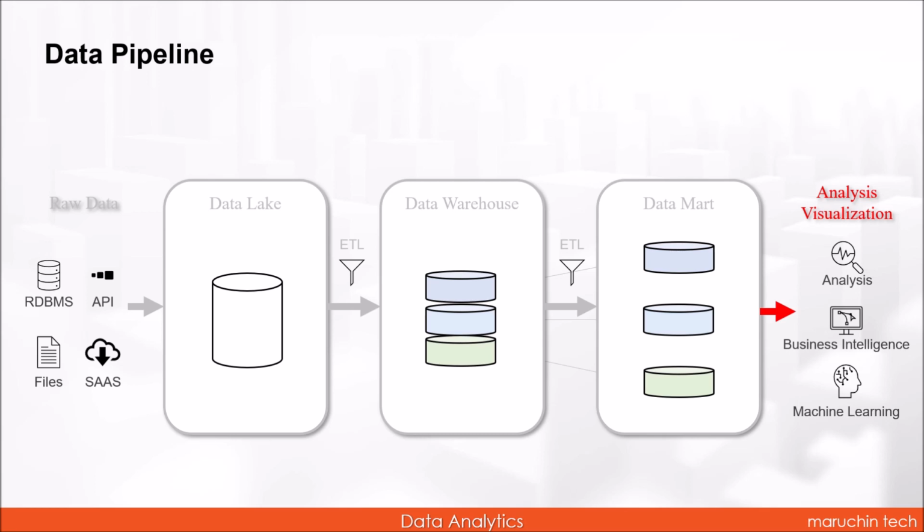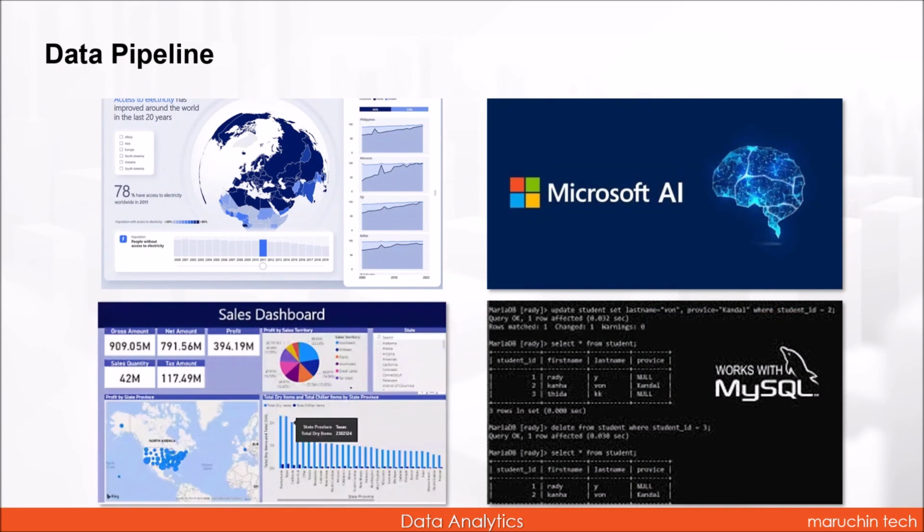And finally, I will introduce analysis and visualization. Business intelligence, or BI, is used to analyze and visualize data from various sources to provide business insight. BI tools help make managerial decisions by giving a visual view of business metrics and performance.